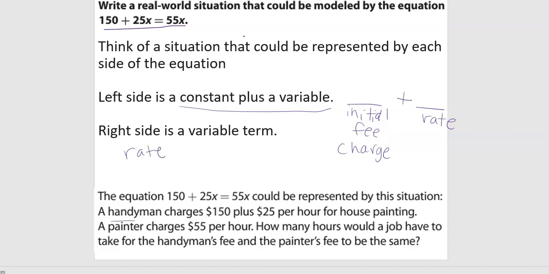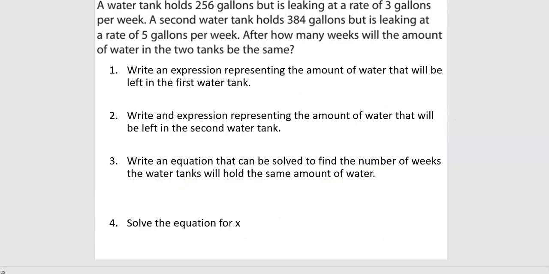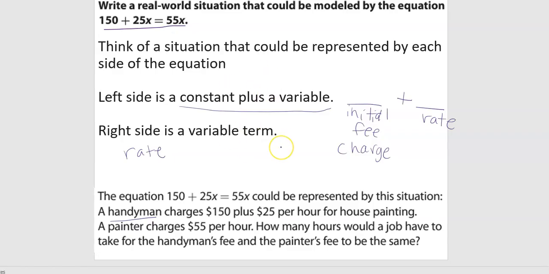So when you think of a handyman, or in our last problem, we had the car rental company, or what was the one we just did? Oh, the water tanks, right? We need something that has an initial fee or an initial starting amount, and then we're adding on some sort of rate, versus something else that's just a rate. Animals wouldn't be good because animals have to have an initial poundage, so I can't compare it to this different rate.